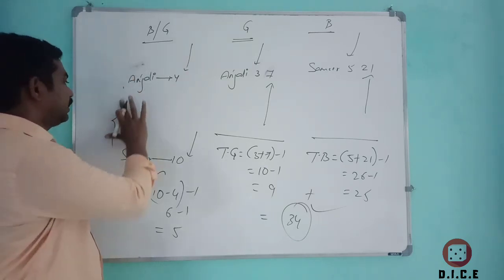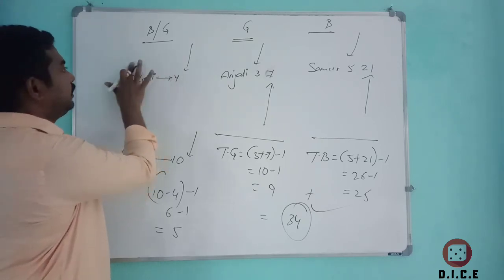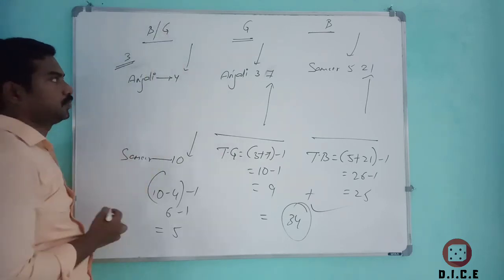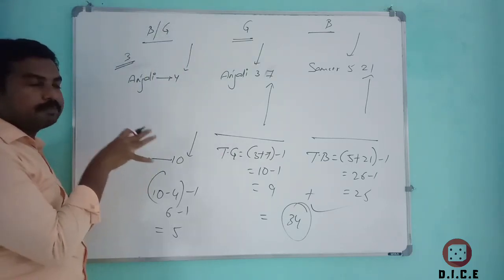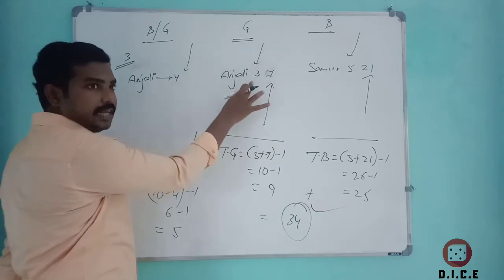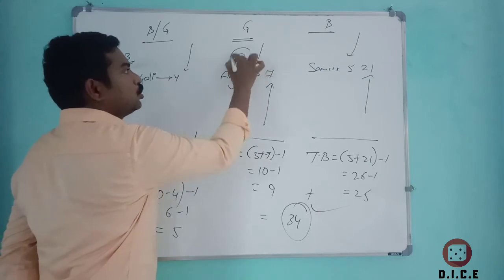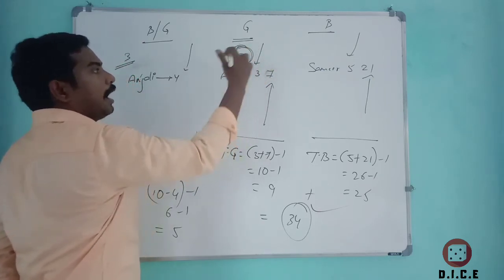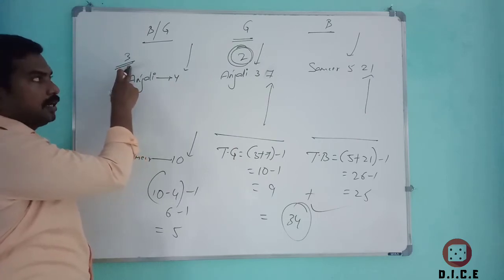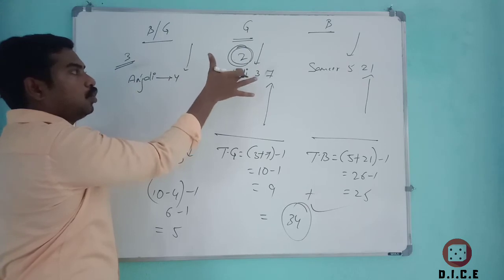The rank of Anjali is 4th from the top, which means there will be 3 students ahead of Anjali. If you observe only the case of girls, Anjali is 3rd from the top, so definitely there are two girls ahead of Anjali. In the case of boys and girls there are 3 students ahead of Anjali, and in the case of only girls there are 2 girls ahead.